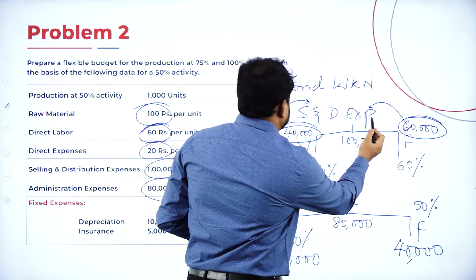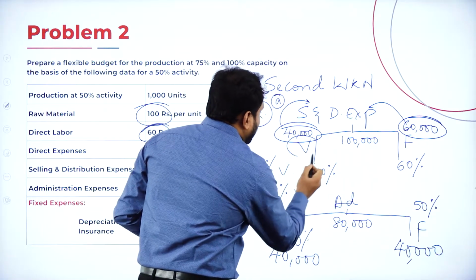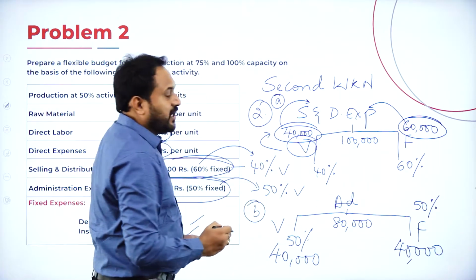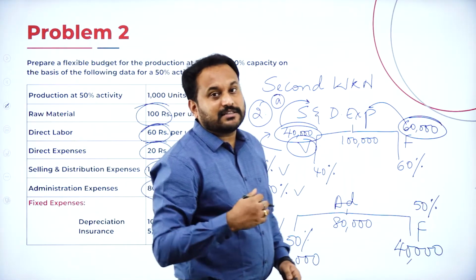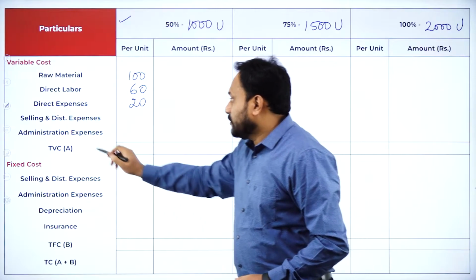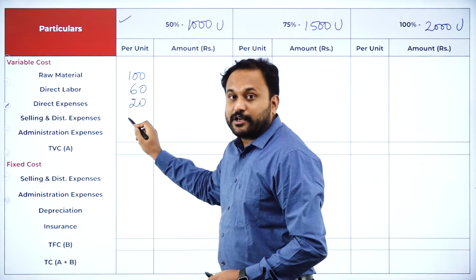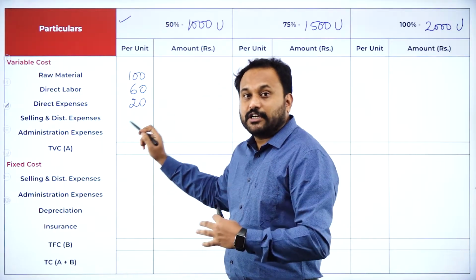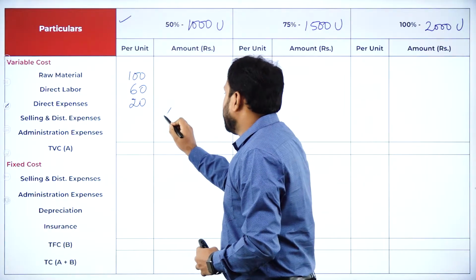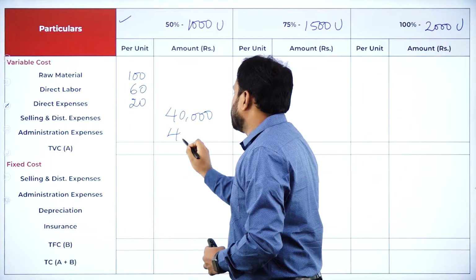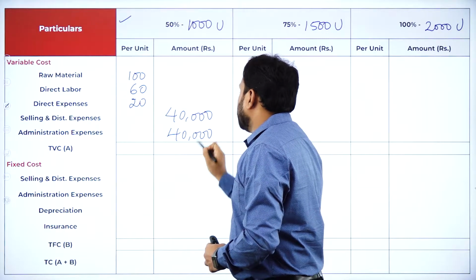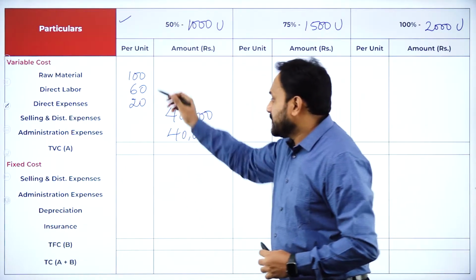Selling and distribution expenses, when it comes to variable, is 40,000, and administration is 40,000. So we are supposed to write that. Here you will not write per unit because it is not for per unit, it is for the amount. So we will write here 40,000. Here also it is 40,000. Done.